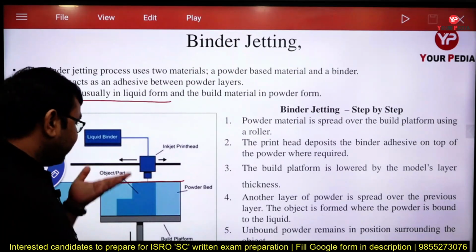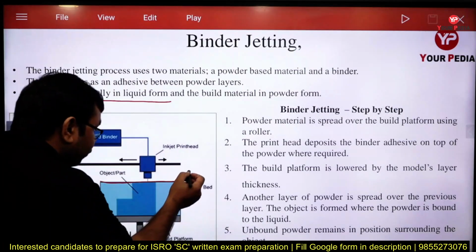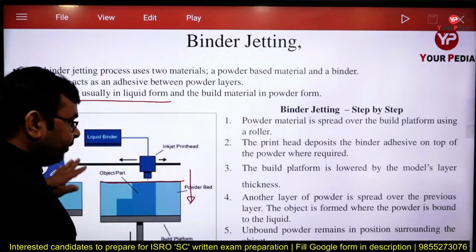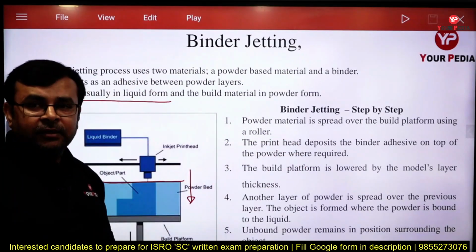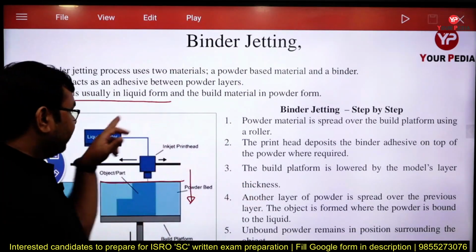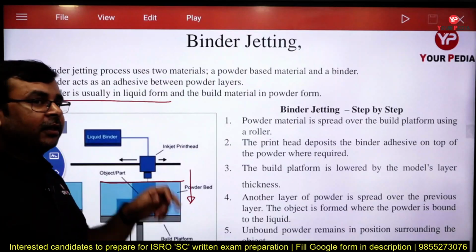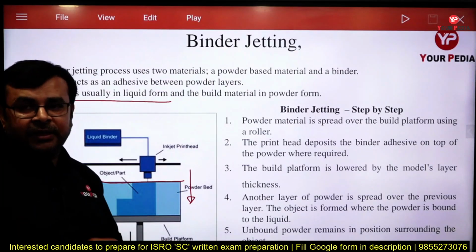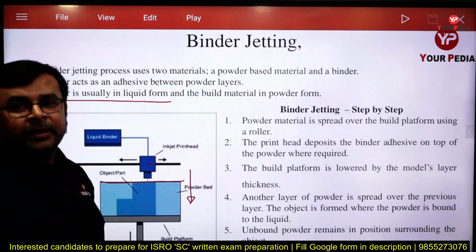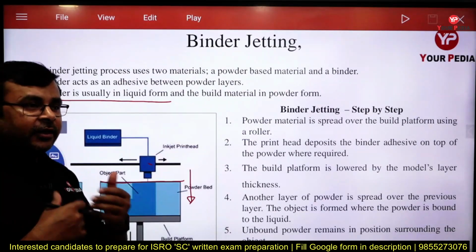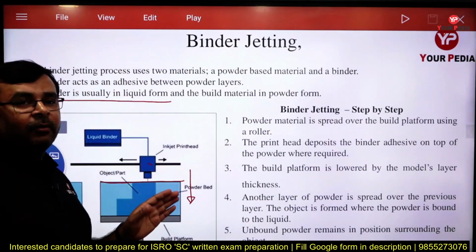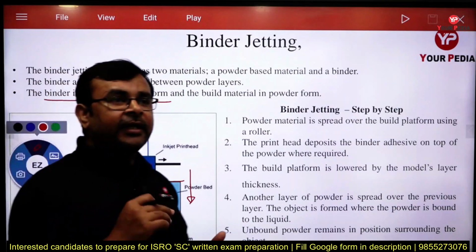Once the first layer is deposited, you just move this platform in the downward direction, then again we spread the powder over the surface of the platform, and again we provide the liquid binder over the surface, correct. Where we provide liquid binder, those powder particles stick to each other, and they make a solid surface, and this process is performed repeatedly till you get the final object, yes or no.